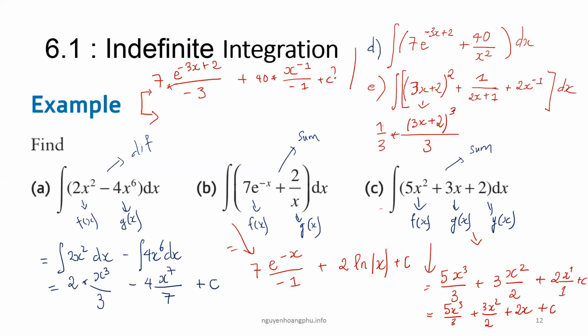If we take down here, it's going to be 3 and 3 here.